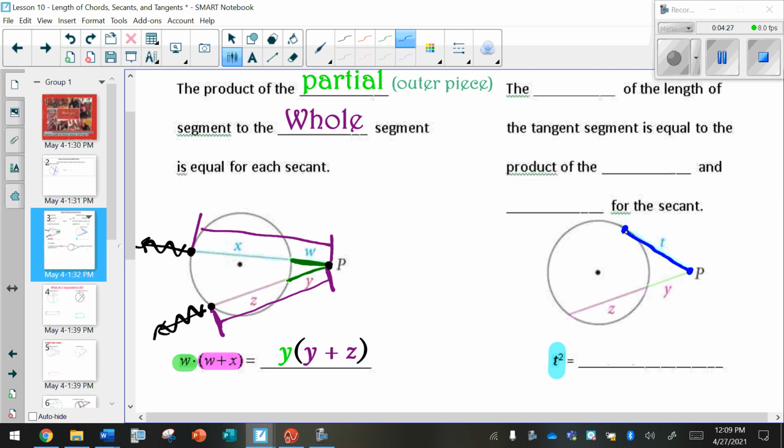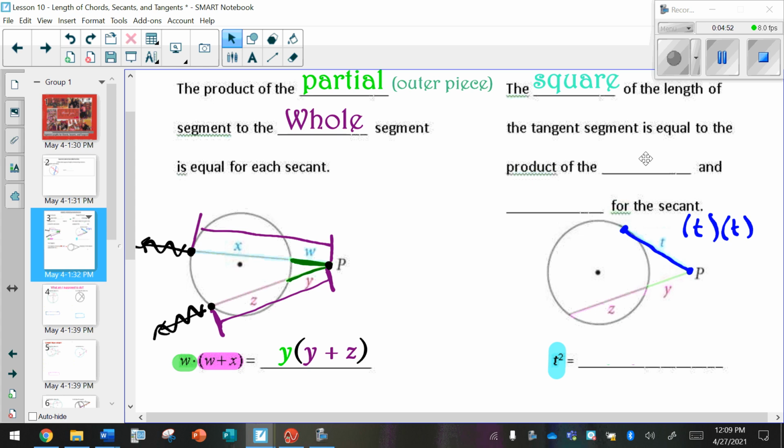So if we did outside piece times whole length, like the rule we just talked about, the outside piece being t and the whole length being t again would lead to the square of the tangent, so t squared. So if it's a tangent and a secant, the outside piece is the whole length, so it would be the square of the tangent line equals outside part times whole.